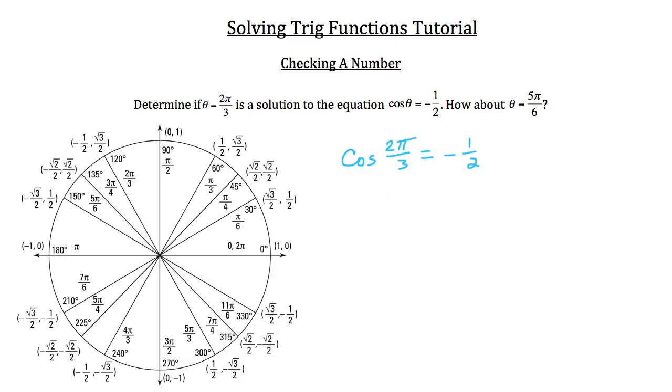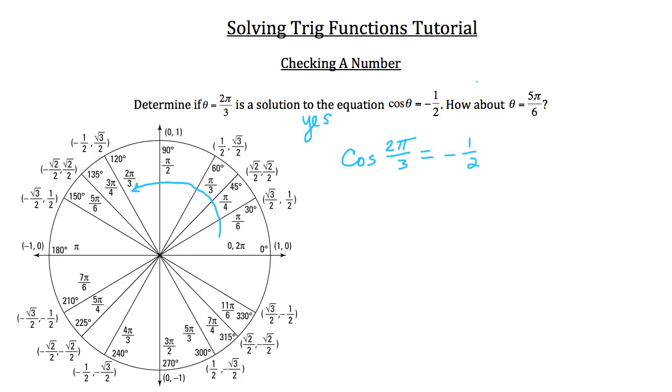If you go around the unit circle, you arrive at 2 pi over 3 eventually, which is equivalent to 120 degrees. Now the question is whether or not the cosine of 2 pi over 3, so the x value, is equal to negative 1/2. And if you check, it is equal to negative 1/2. So for the first part of this problem, you would say that yes, 2 pi over 3 is a solution to the equation cosine theta is equal to negative 1/2.